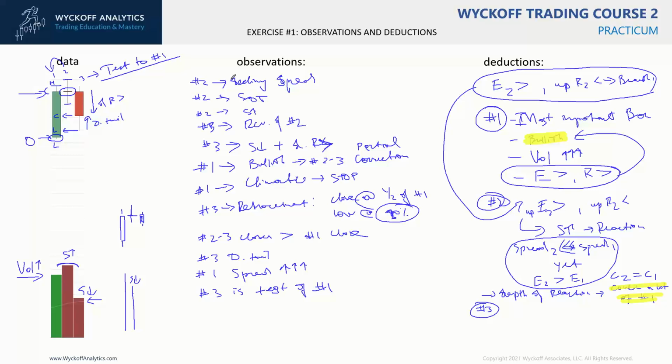Number 3 is of movement, but lower volume, so deduction is bullish from Michael. Supply is less on bar number 3, okay? So supply is less. Okay, what about the result?